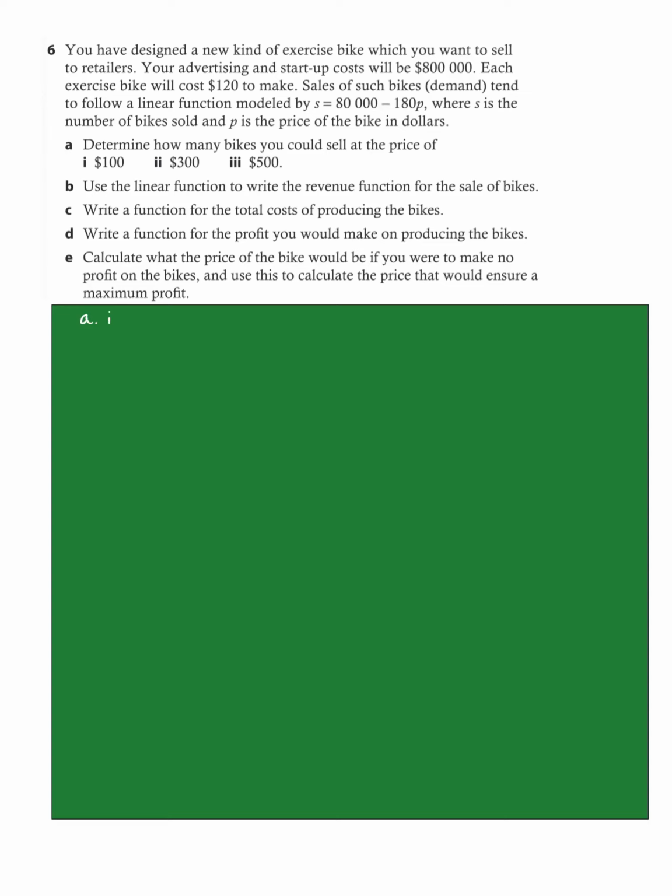1. Okay, we know that the total sales are 80,000 minus 180p. For number 1, the selling price is 100. So that's 80,000 minus 180 times 100, and that equals 62,000.